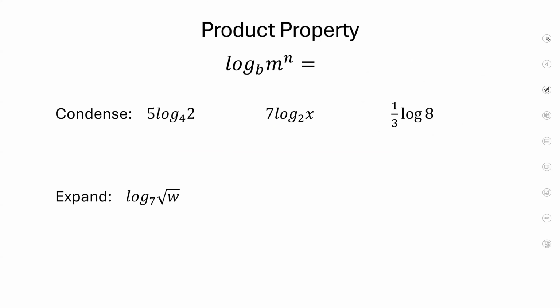The last property is, I have this wrong on the slide, the last property is the power property. What this says is my exponent can come to the front.